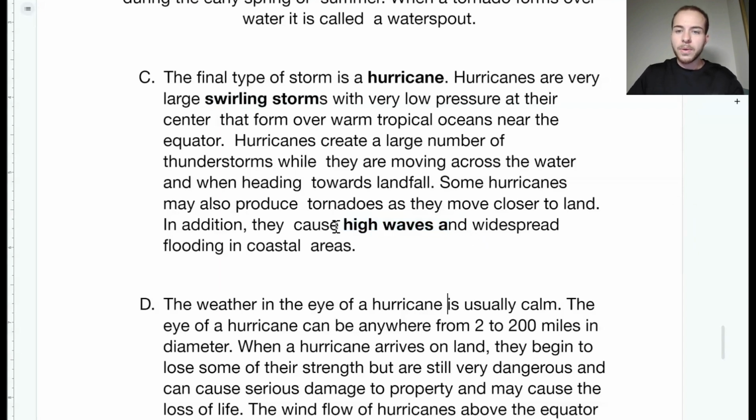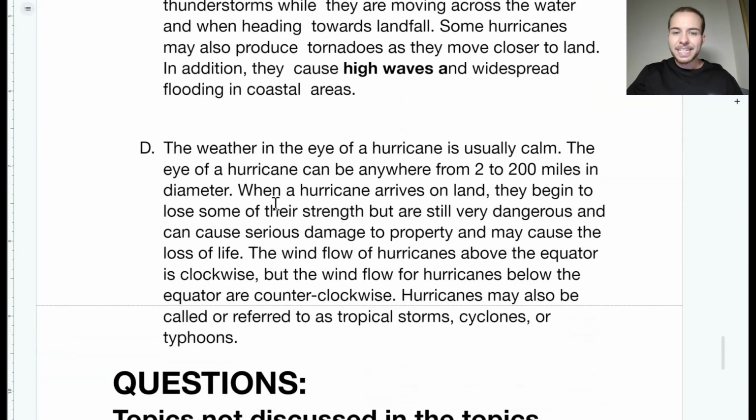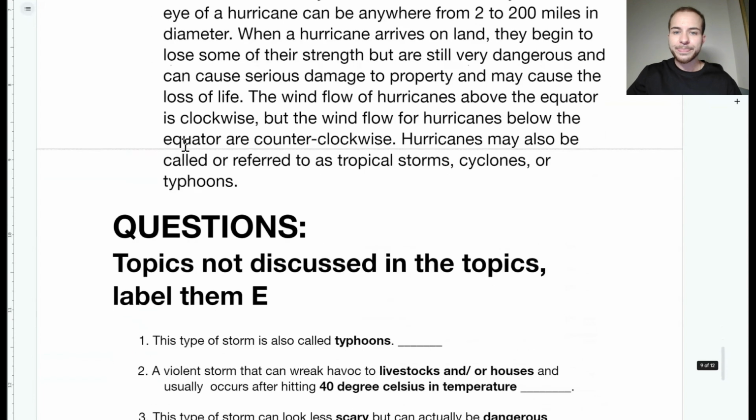Okay, I don't recall us having questions about flooding or waves, but I highlighted it just in case. And we had that keyword swirling. There was another one that talked about a swirling motion. Finally, D, one more.